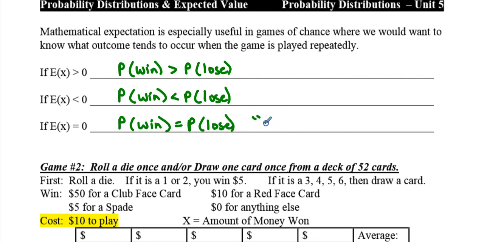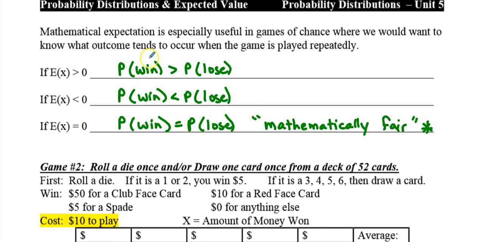And this is called a mathematically fair game. And you'll need to know that terminology because in some of the questions that you get, it will ask you if it is a mathematically fair game, which means you have to calculate the expected value and determine if it's 0.